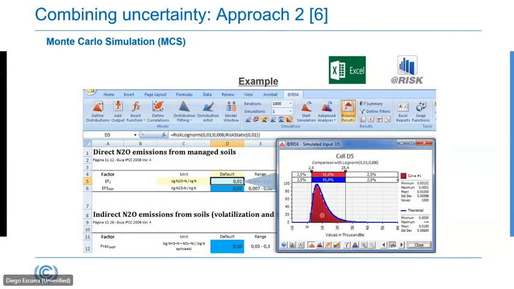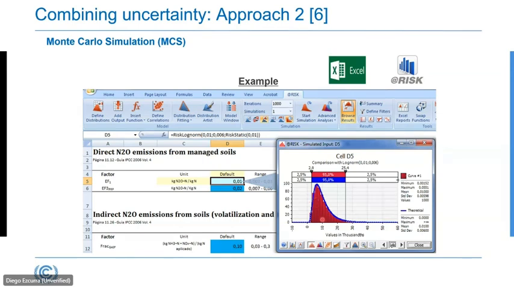The cell will get different numbers every time we iterate, and the numbers will vary in this interval and will be assigned based on the probability of each of the values in this interval.